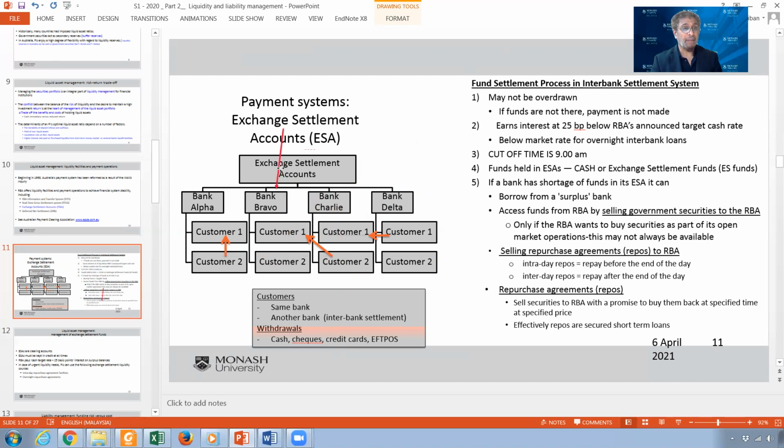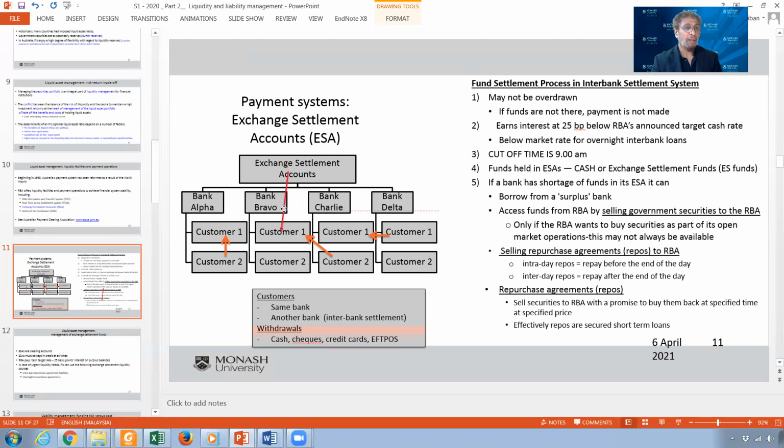But at the end of the day, Bank B has to go and ask Bank C for the 10 million, because it's recorded here, but has to be received from Bank C. Now, Bank C, when he gives you the 10 million, will of course debit his customer's account, which is customer 2.